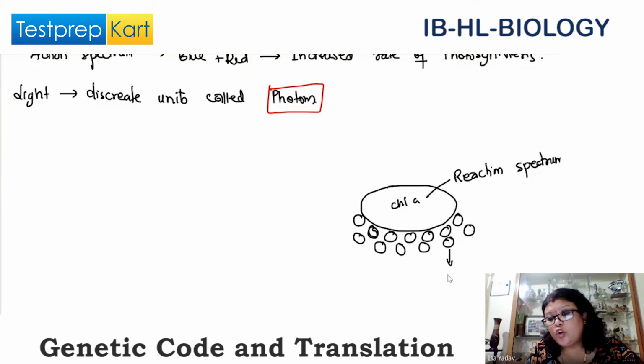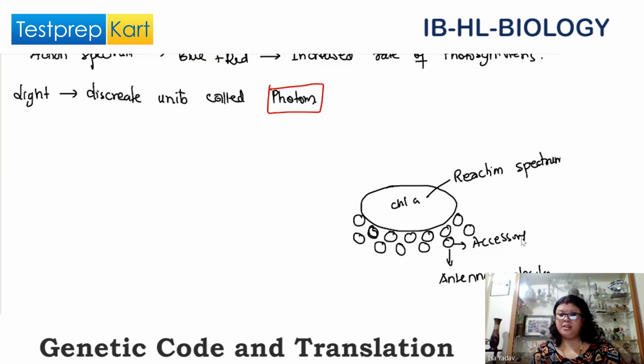All these others are called antenna molecules, or I can say these are accessory pigments. Okay, accessory pigments. Is this point clear?